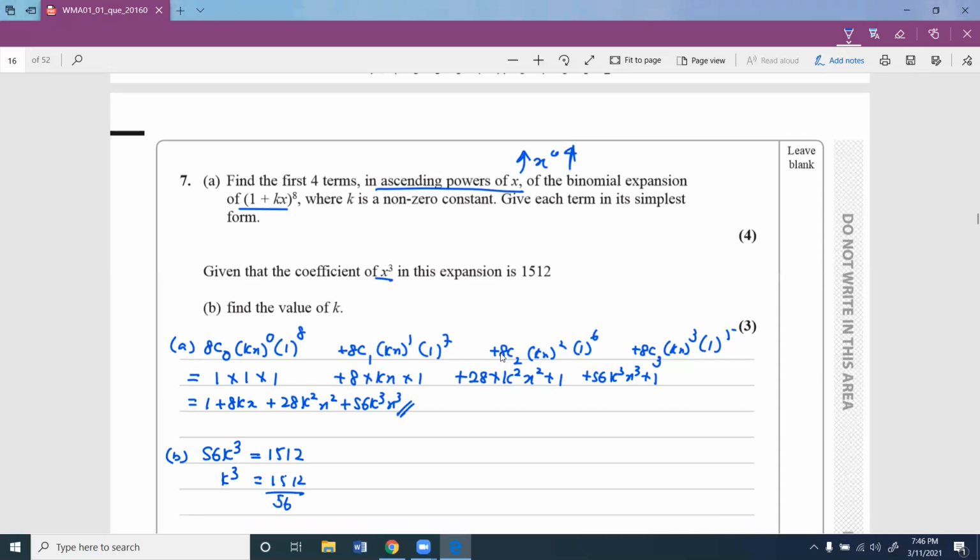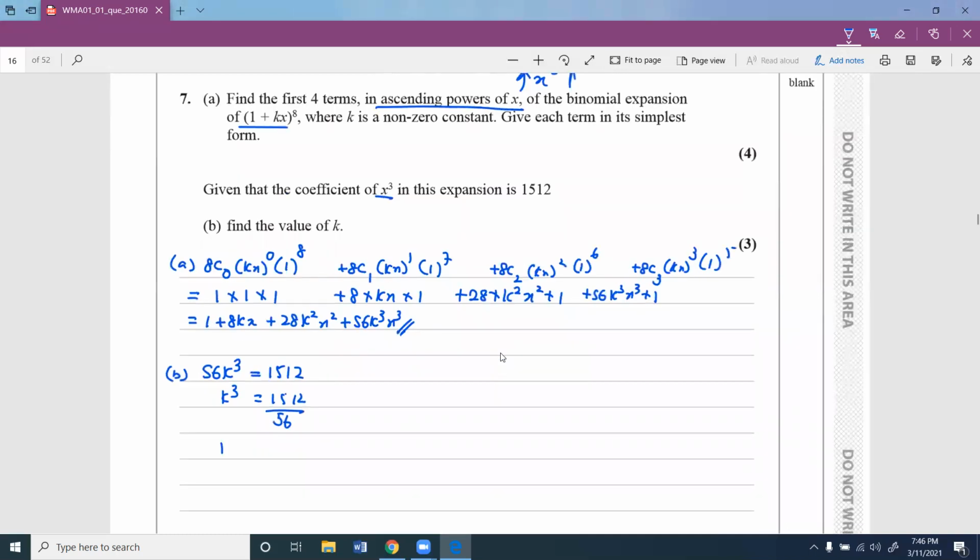With this k is the cube root of that. Let me see what that answer is. The cube root of 1512 divided by 56. The answer is 3. That's the way of getting this answer.